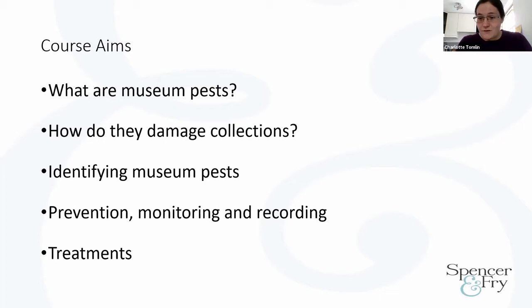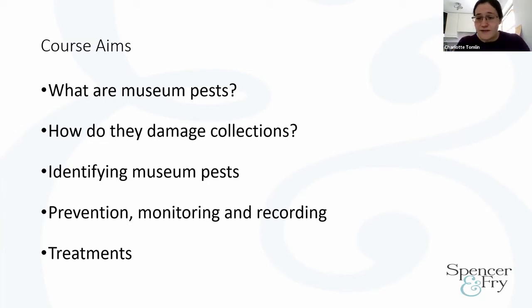Also a large section on identifying museum pests, which is a large part of integrated pest management. It's a really important part to identify what pests you're dealing with, because that will affect what collections are damaged and the extent of the damage. And after that, we're going to move on to looking at methods for prevention.